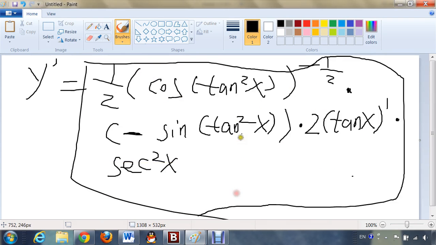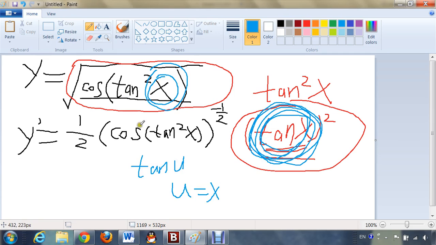But remember that the derivative of x is just 1, so it doesn't really make a difference. So that's why the most inner part of this question is tangent x. Okay, so hopefully this will help.